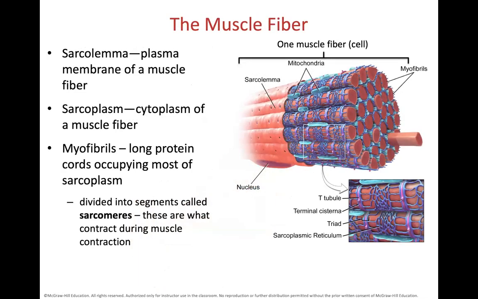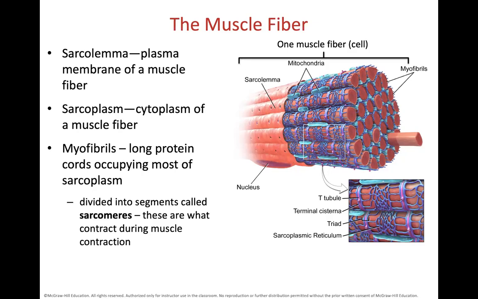Okay, so some other pieces within the cell. Like I said, muscle fibers have different terms for different pieces of the cell, which makes it so much more fun to learn. Rather than the plasma membrane, it's called the sarcolemma. So it's still just the membrane around the cell.